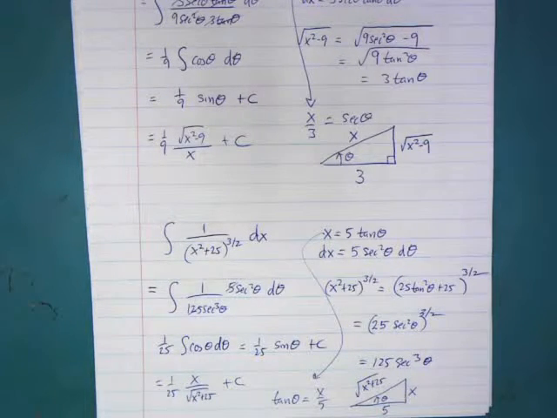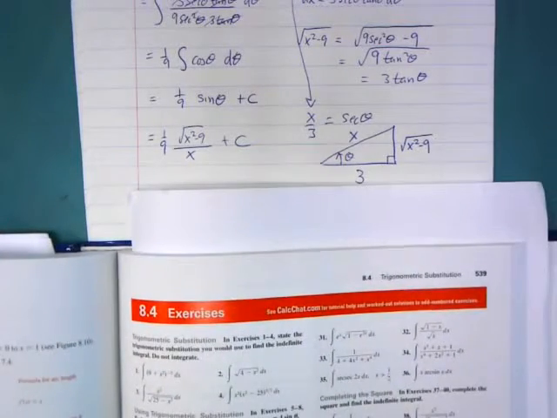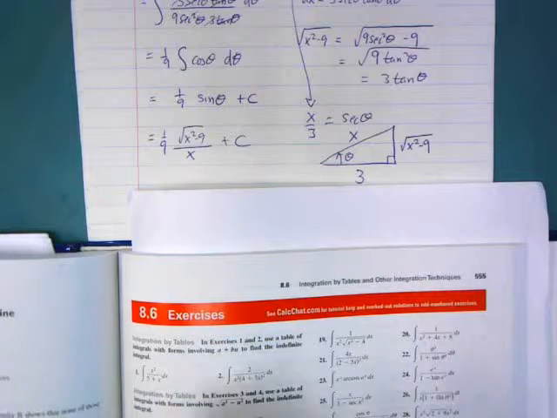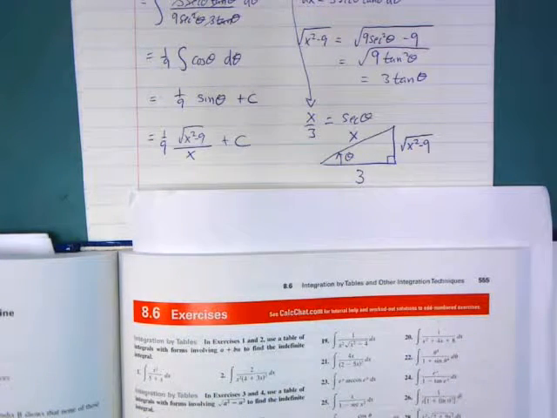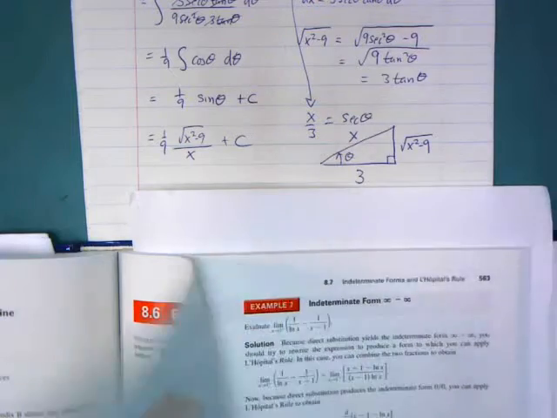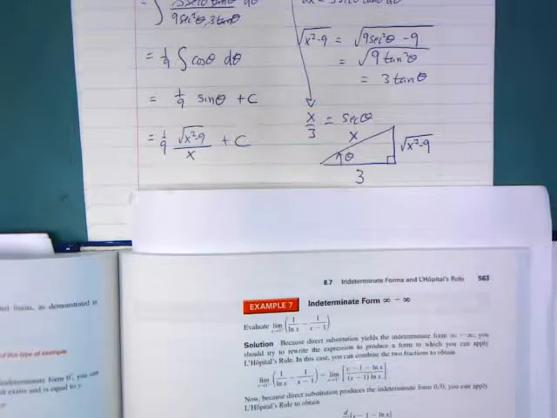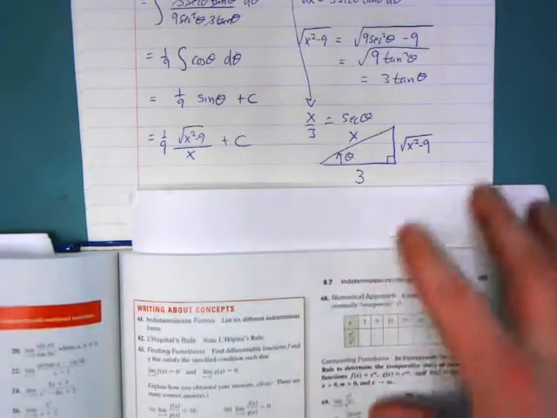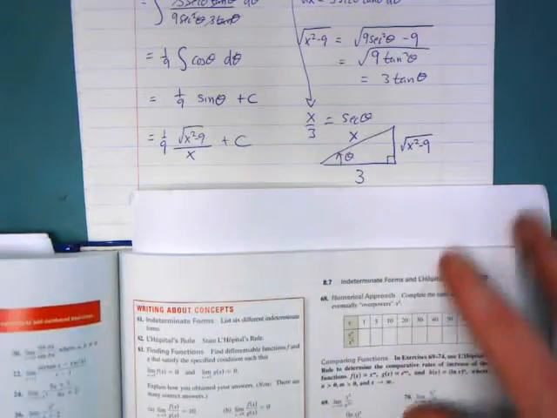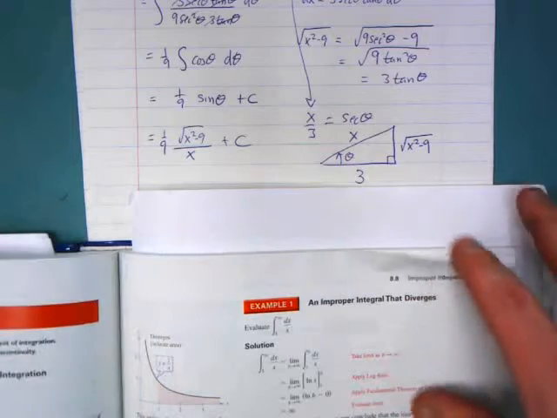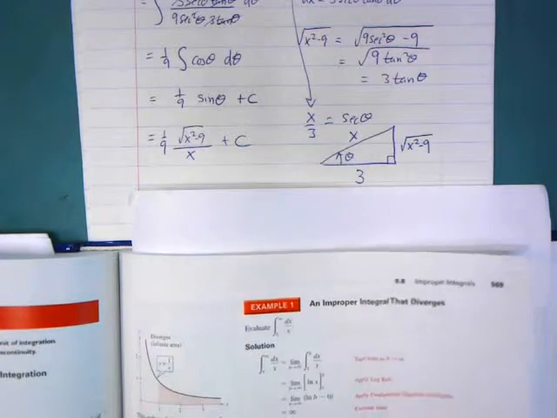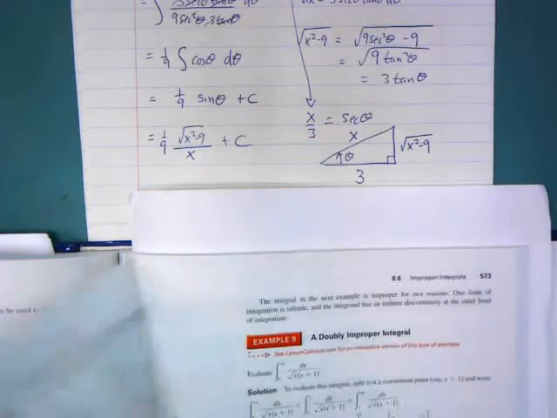That's a good question. Today we will do, where are we here? 8.6. We did 8.5 already. So today we'll do 8.6, and then 8.7 will take us at least one day, maybe two. 8.8, probably one day.